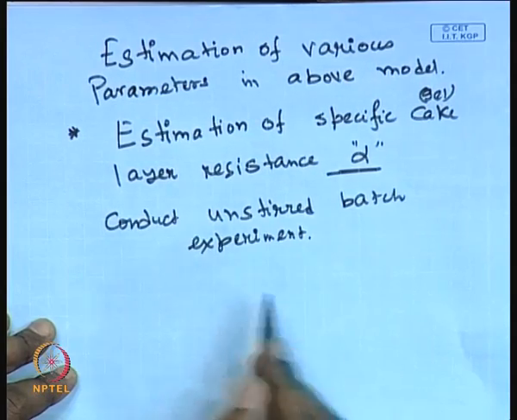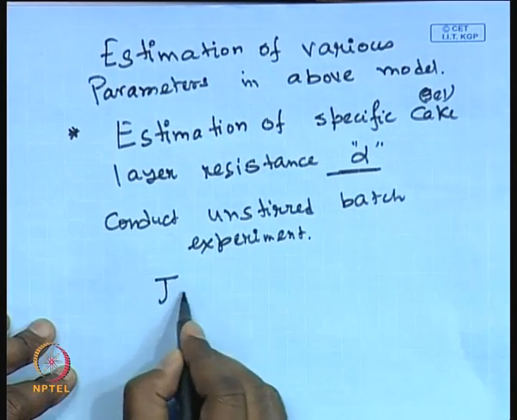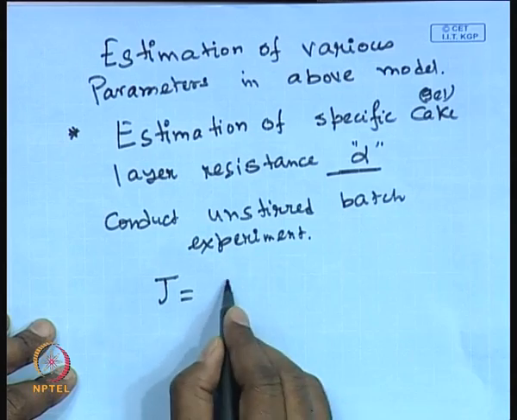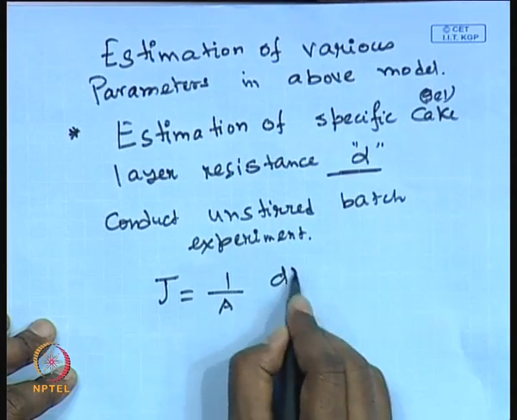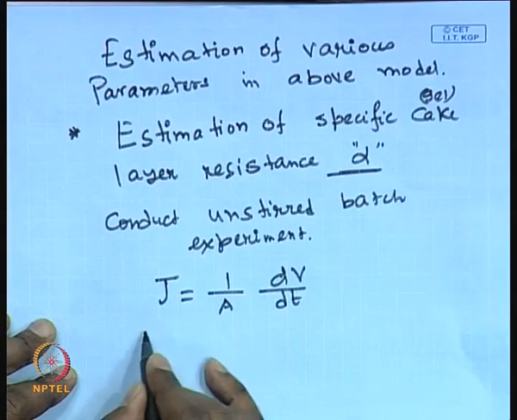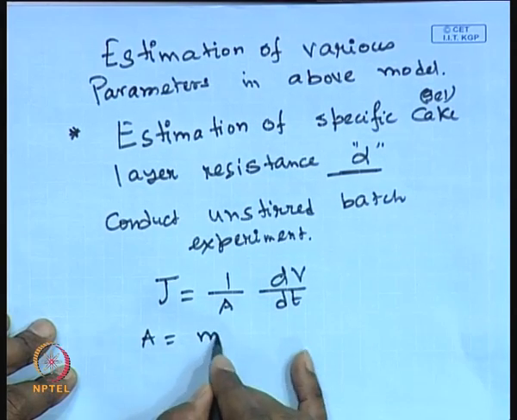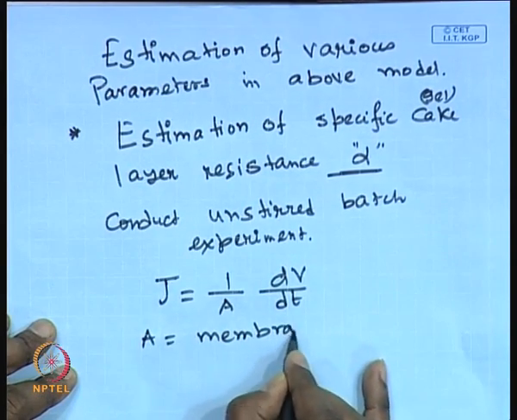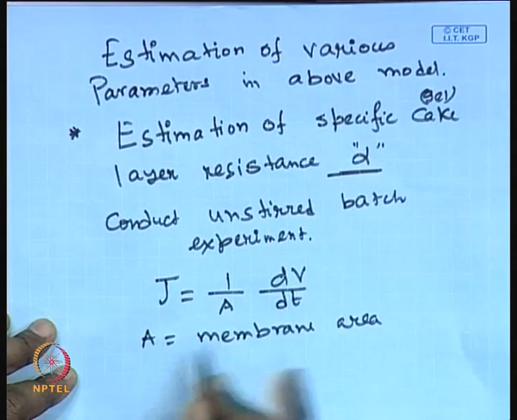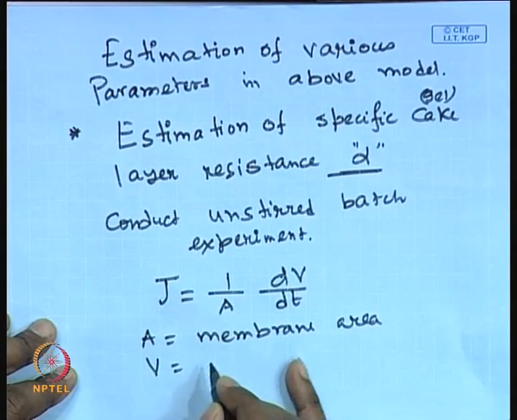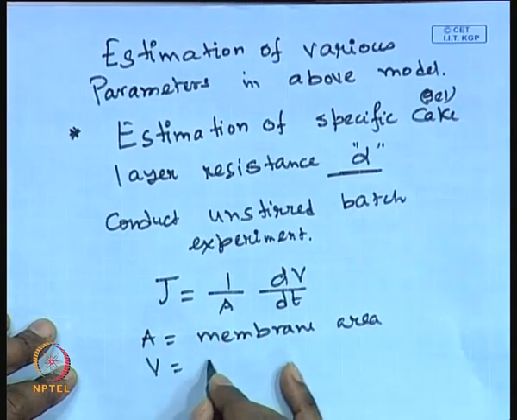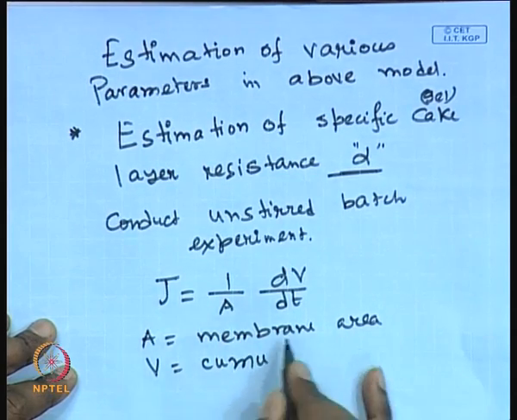How to do that? That we are just mentioning. The permeate flux J is written as 1 by A dV/dt. Okay. What is A? A is nothing but the membrane area. And what is V? V is the cumulative volume of filtrate, the water that you are getting, the permeate.